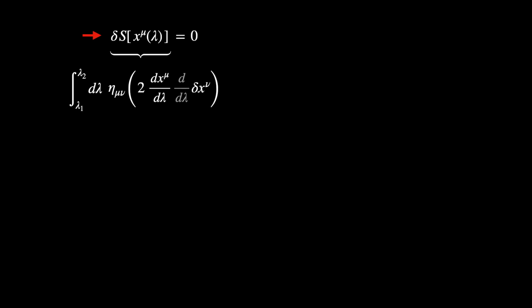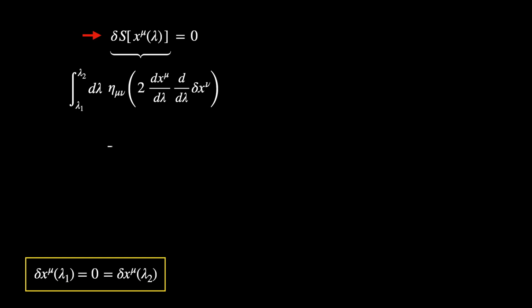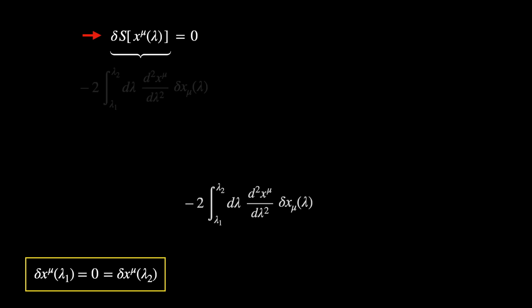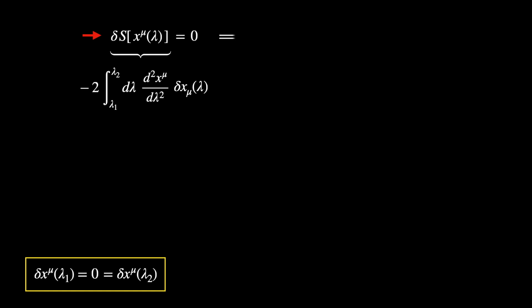Again, we can shift this lambda derivative to the other term, incurring a minus sign, by using the boundary conditions. Indeed, this gives us the correct equation of motion.